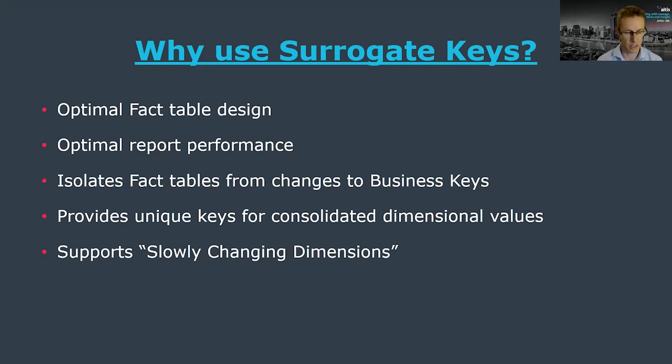Particularly for slowly changing dimension type 2, which, if you recall what I touched on before, is the method for tracking changes, whereby every time a change occurs in our source system, we're introducing a new row in our dimension.